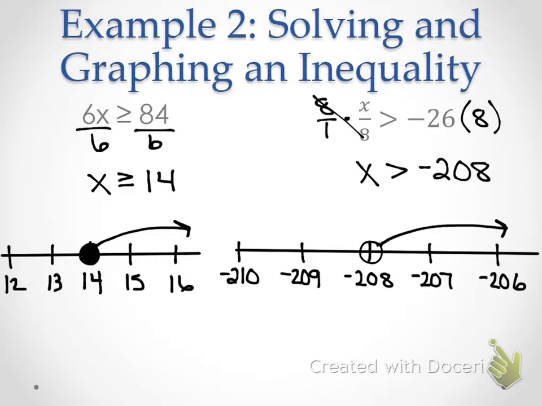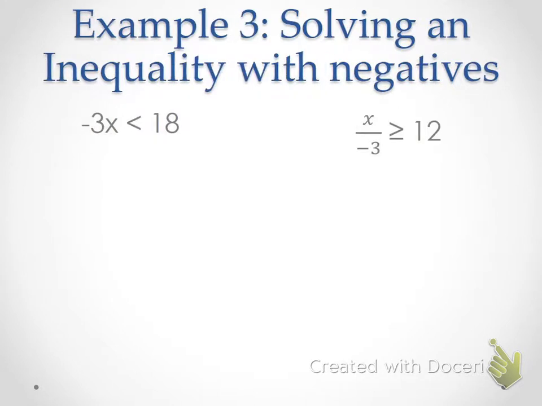One more rule that we need to go over is when there is a negative attached to my variable. You see here that we have a negative attached to the variable in both inequalities. You see that? So my rule is I solve it the same way that I would solve an equation. What would I do to both sides on the first inequality?